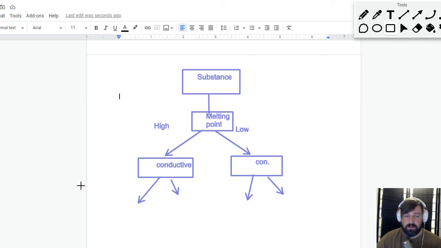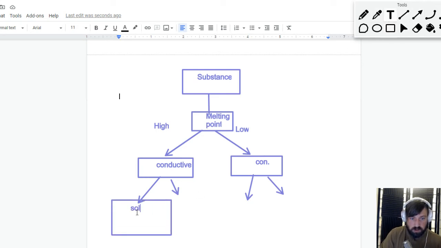after you have all three tests in there, let's say that this one is your solubility test with three things.